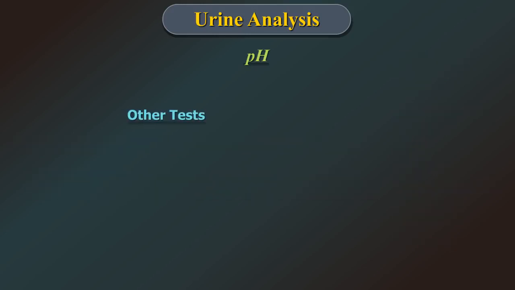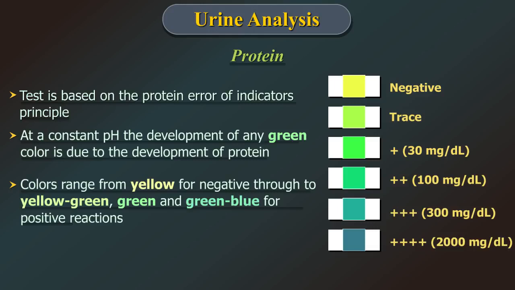The other tests are blood gases to determine the acid-base status. Protein. At a constant pH, the development of any green color is due to presence of protein. Colors range from yellow through to yellow-green, green and green-blue for positive reaction.